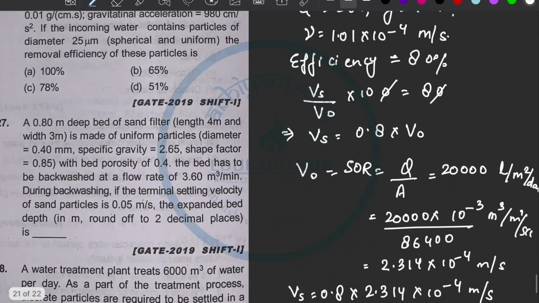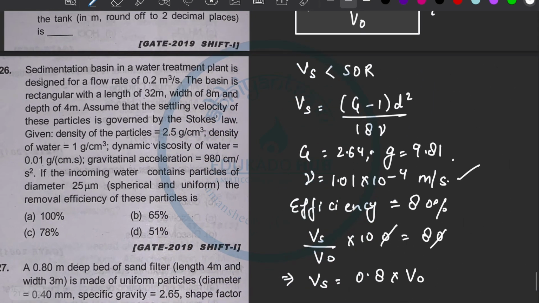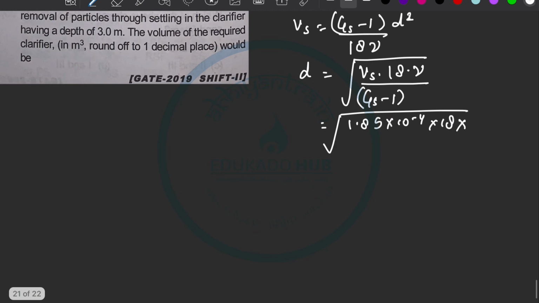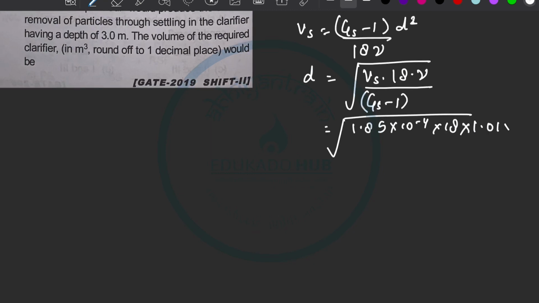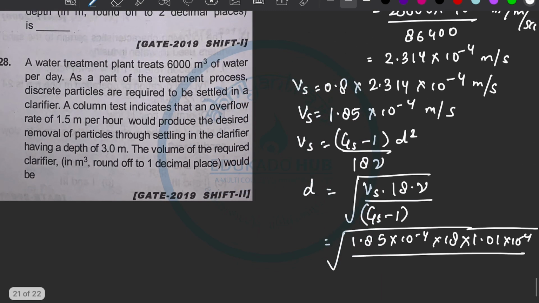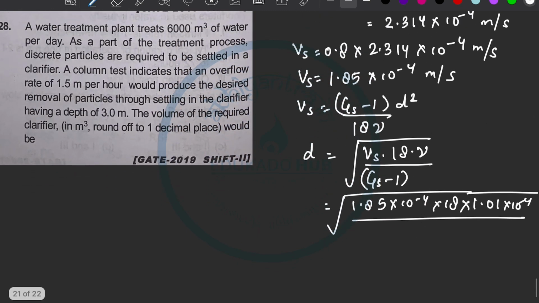That is under root of 1.85 into 10 to the power minus 4 into 18 into nu. The value of nu is 1.01 into 10 to the power minus 4, divided by Gs minus 1, that is 2.64 minus 1, which is 1.64.